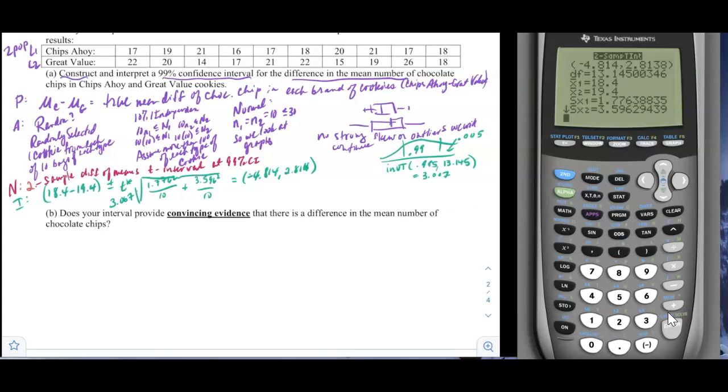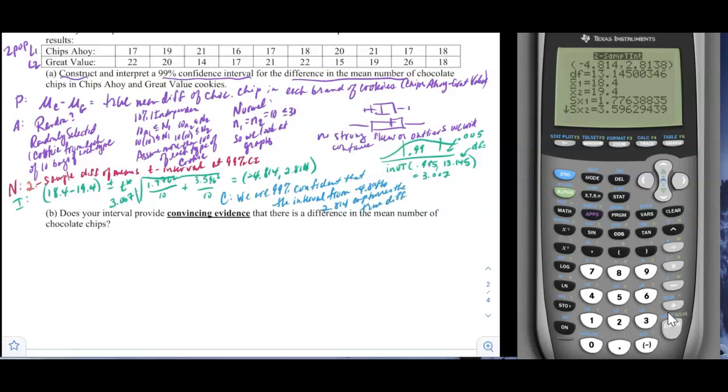And again, you want to make sure somewhere in here you have said what degrees of freedom are, right? So did I put that in anywhere? I did right here, but I didn't label it. So degrees of freedom equal. Cool. And then we just have our conclusion is the only thing left. So our conclusion is we are 99% confident that the interval from negative 4.814 to positive 2.814 captures the true difference.